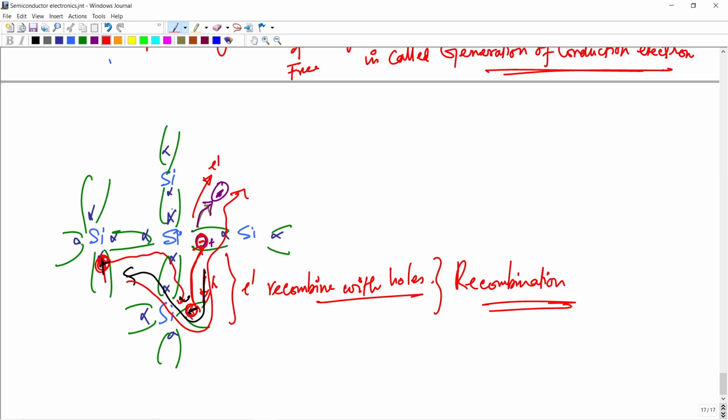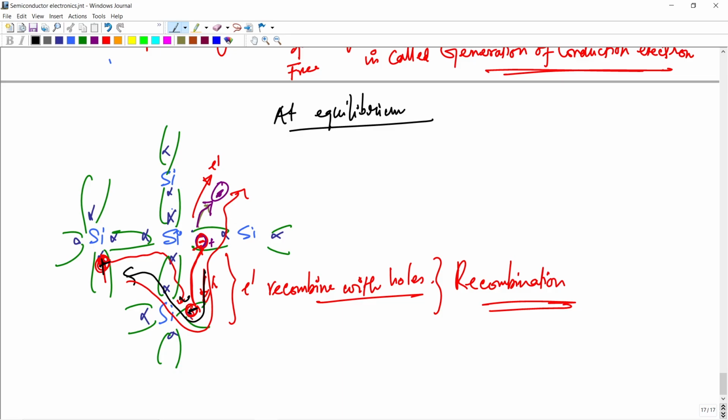So at equilibrium, the number of electrons and the number of holes are the same for a pure semiconductor, obviously.